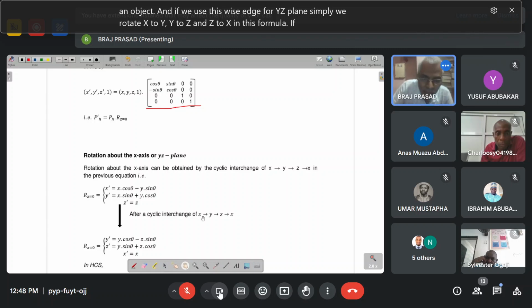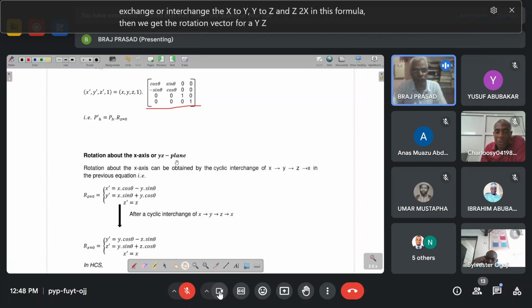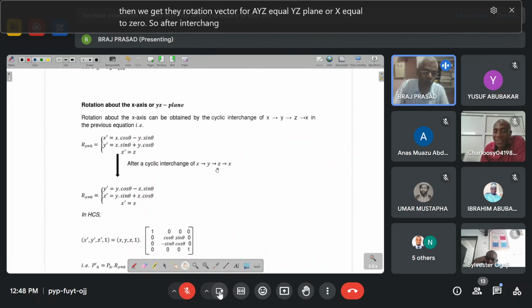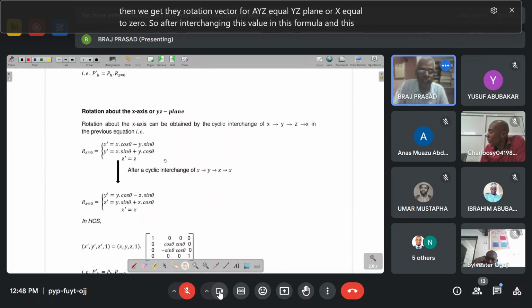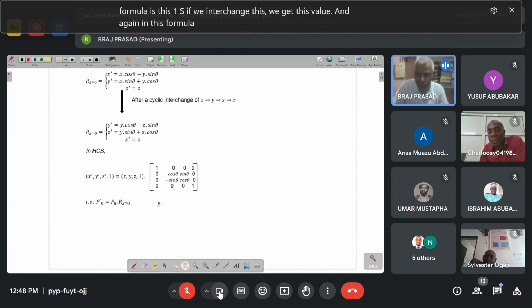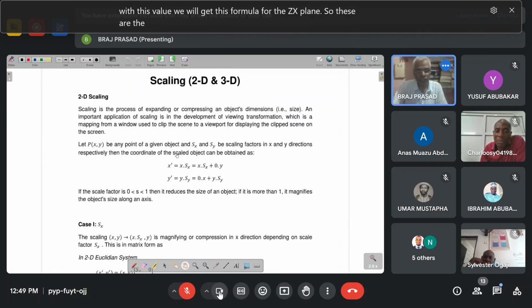If we interchange the x to y, y to z, and z to x in this formula, then we get the rotation vector for a yz plane or x equal to 0. So after interchanging this value in this formula, we get this value, and again in this formula, if we interchange this value, we will get this formula for the zx plane.